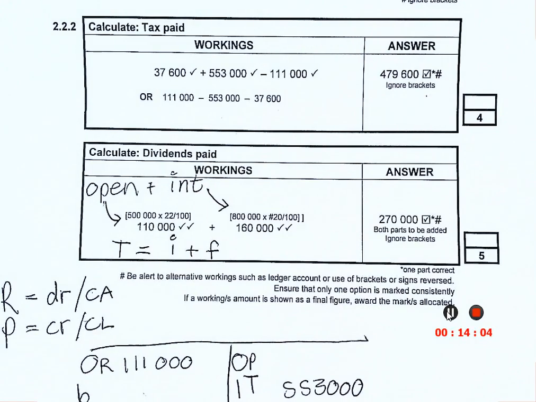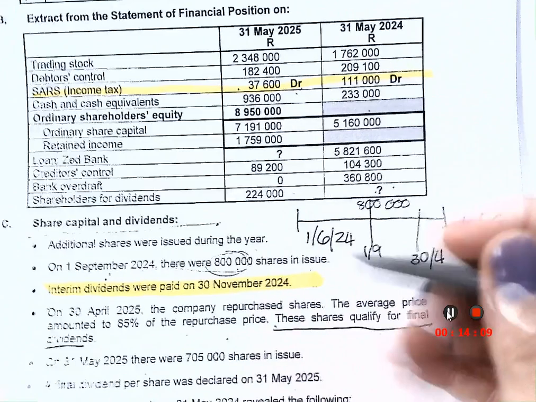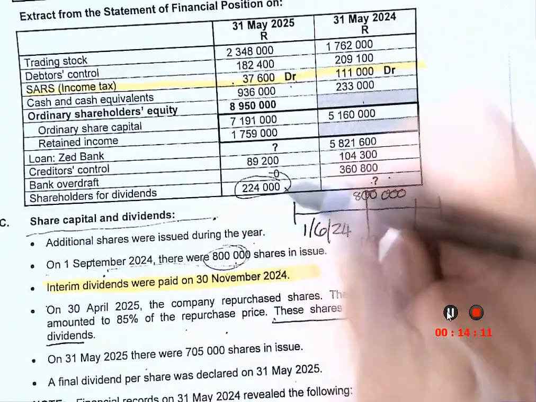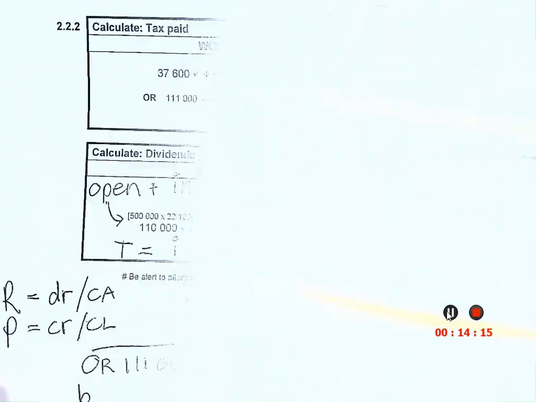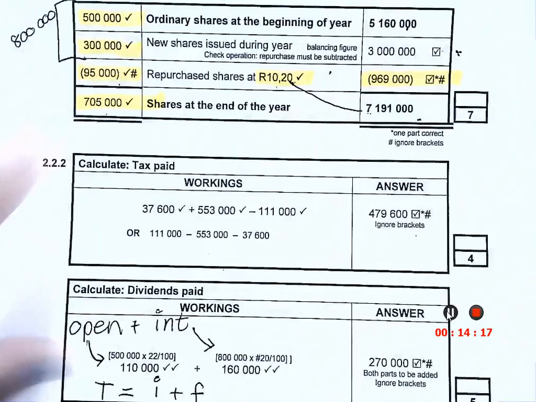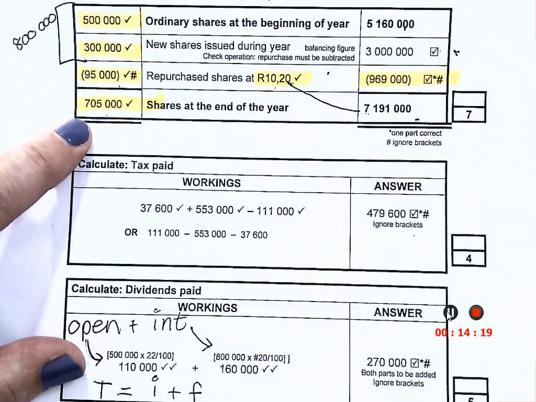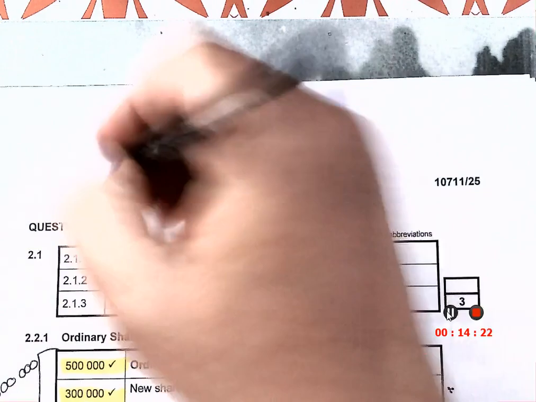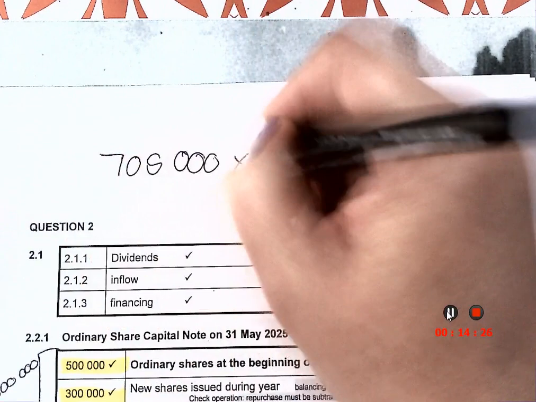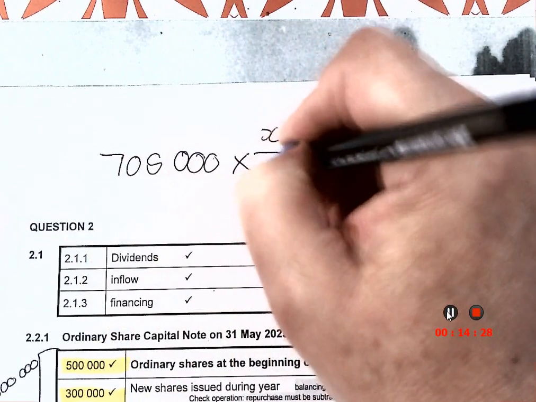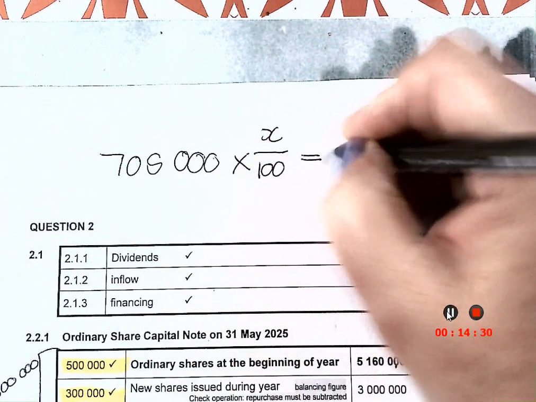Let's go look. If I calculate the final, they give me the final here, and they say everybody qualified for dividends. So meaning, how many shares were in issue? 705. So if I think about it, 705,000 times dividends, I don't know, gives me the final of 224.